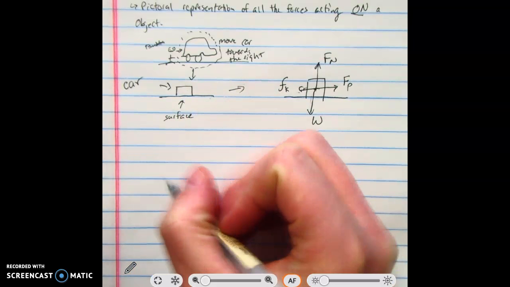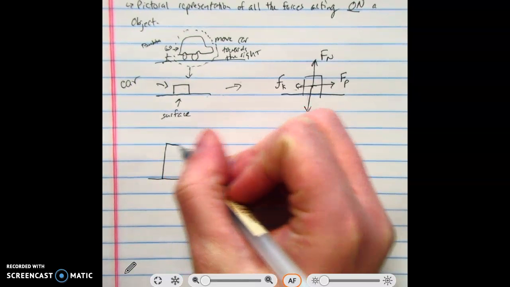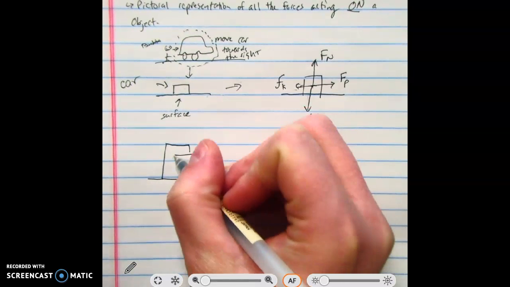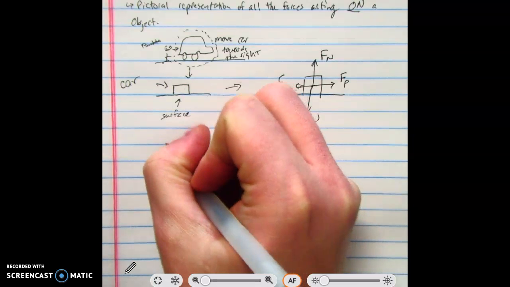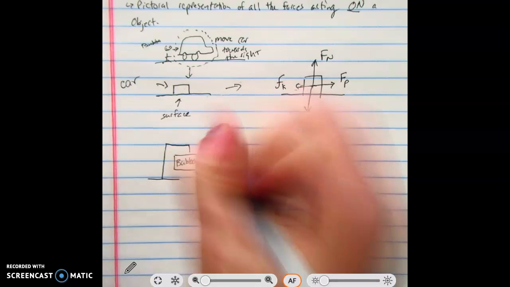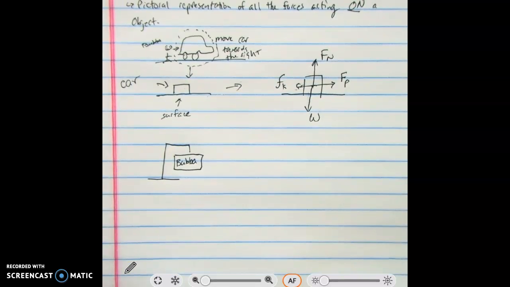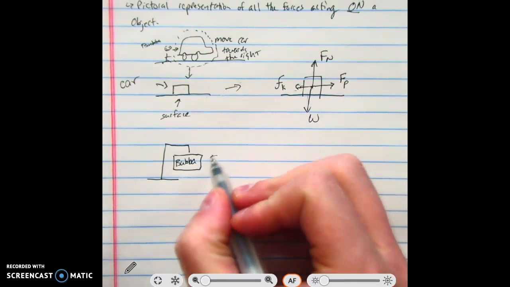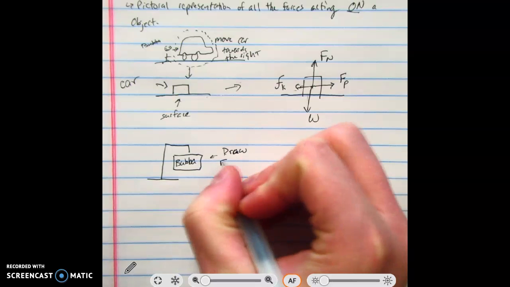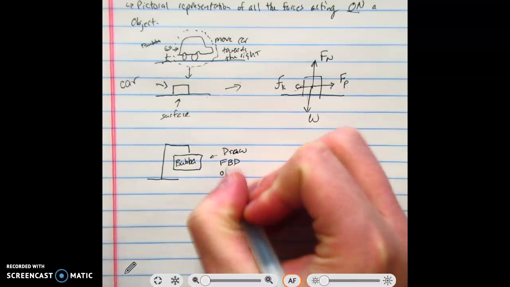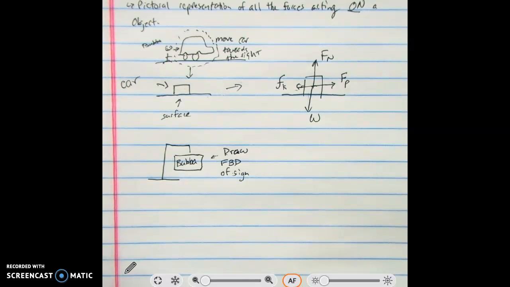Let's say Bubba's made himself a sign. So let's draw a free body diagram of this sign.